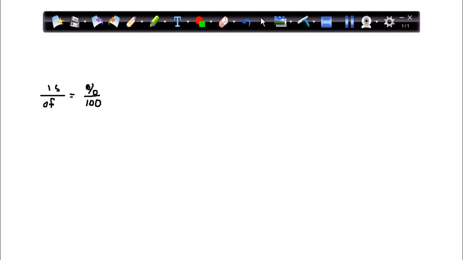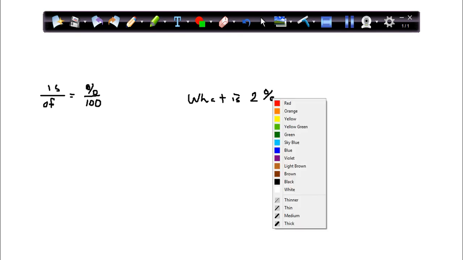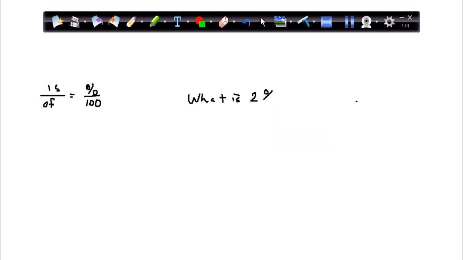So the question is asking, what is 2% of 900, right? I told you I'm not in my normal area, so we've got a little bit of noise going on.